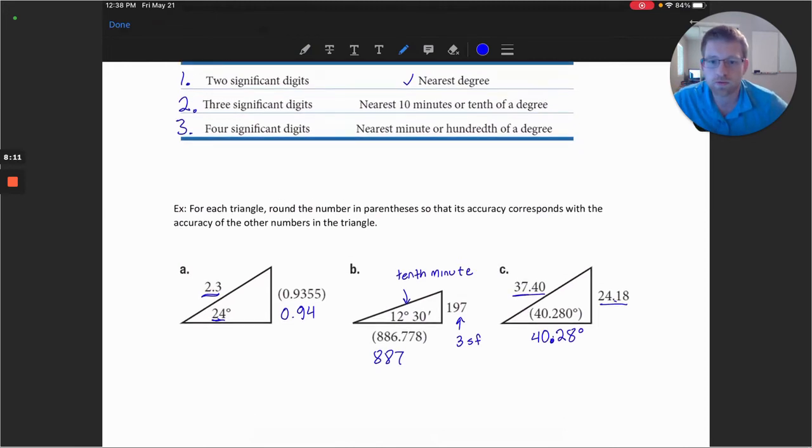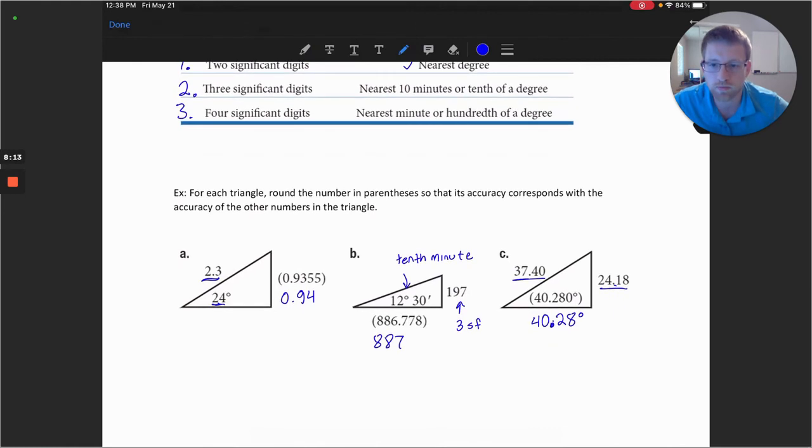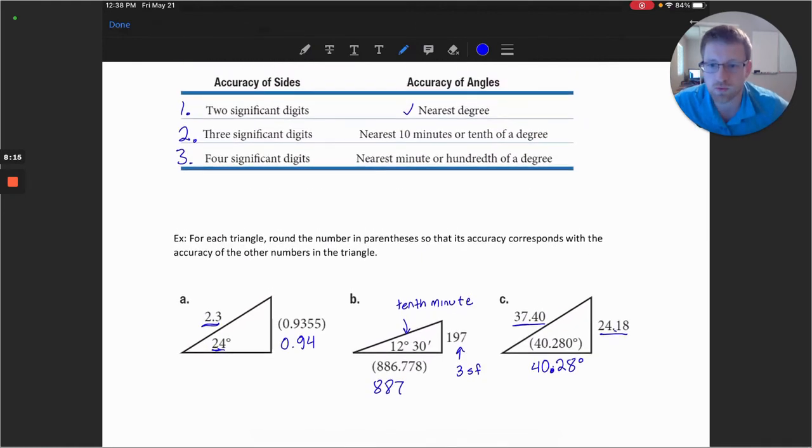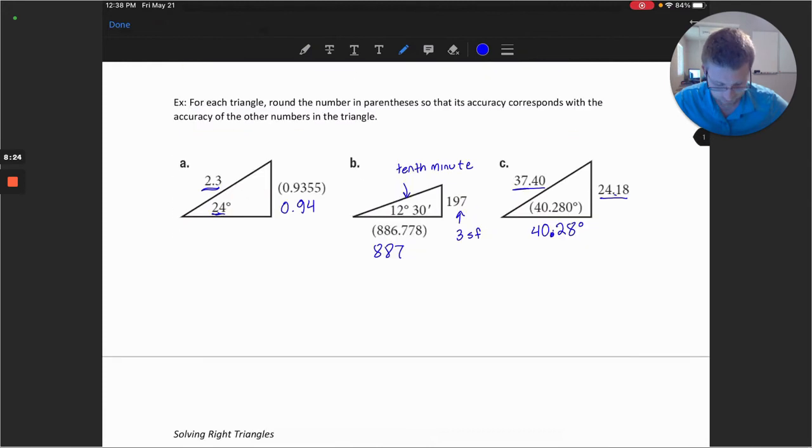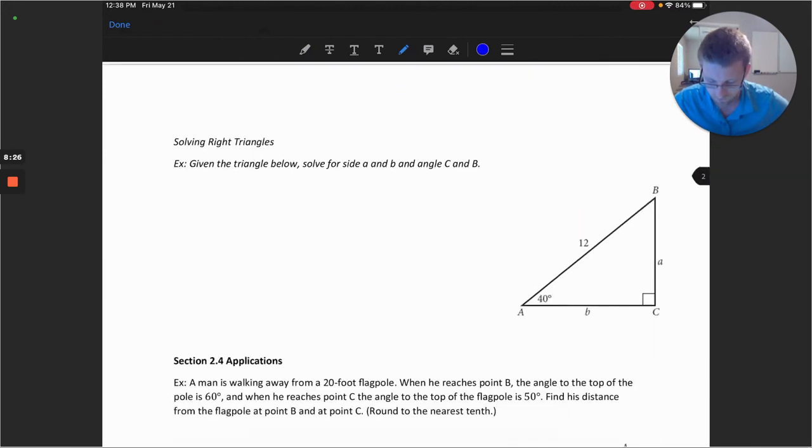Okay, so that was kind of just a little bit of a walk through how to work with our accuracy of sides and the accuracy of a given angle set. Let's take a look at a right triangle problem to finish off.